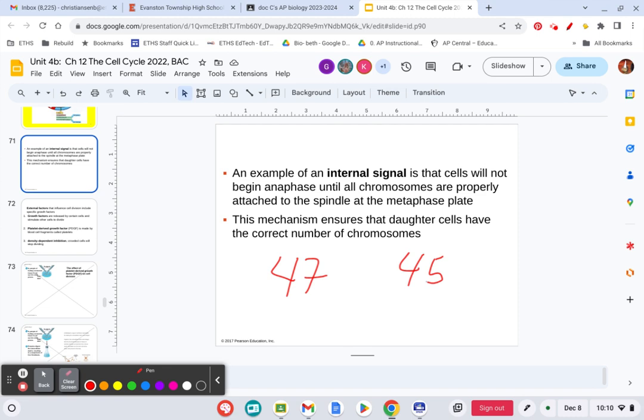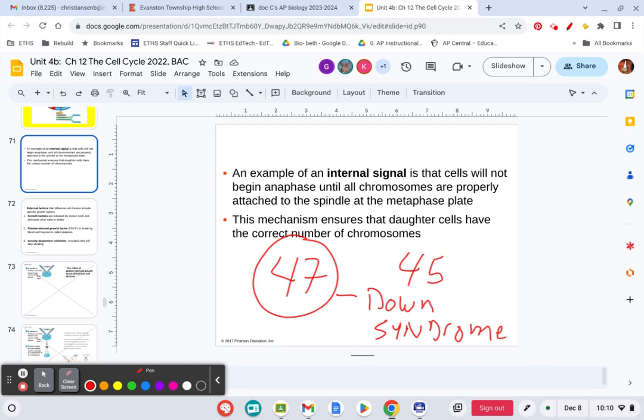The 47 does sometimes happen, and that is Down syndrome. That's the most common one. In general, when this condition happens, it does not work very well for the cell, and the cell usually has to be broken apart.